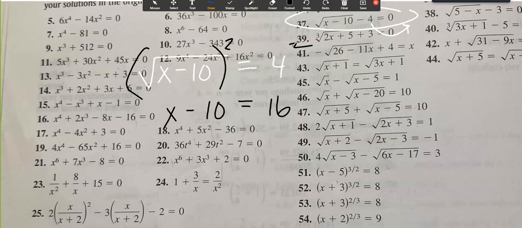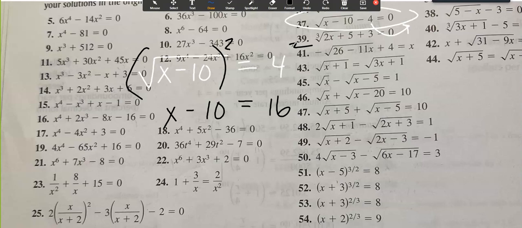Now notice in this situation, I didn't have a plus and a minus. The difference is I was not taking a square root. I was getting rid of a square root. In that last example, when we were taking a square root, we ended up with the plus and minus. I see.